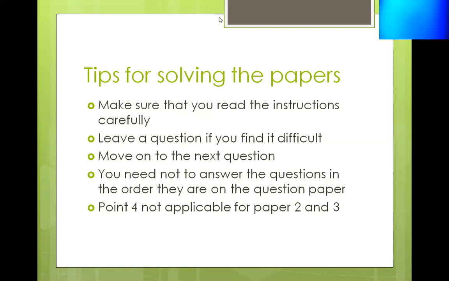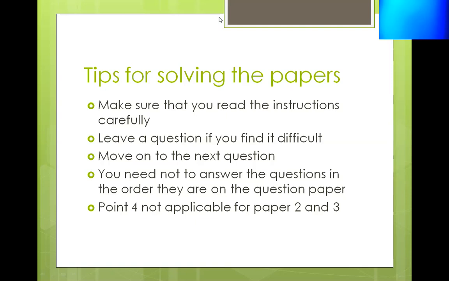So here in paper 1, you can follow the order of the questions as you require. But remember, this point is not applicable for paper 2 and 3, because at times in paper 2 and paper 3, the questions are given in conjunction with each other.